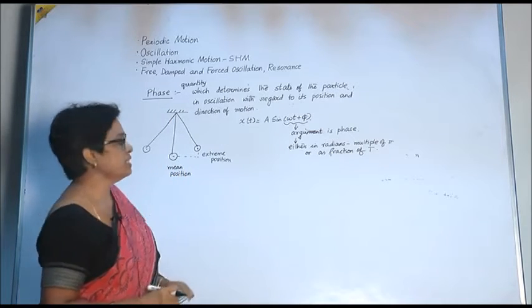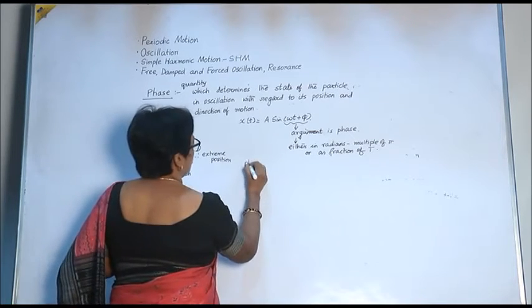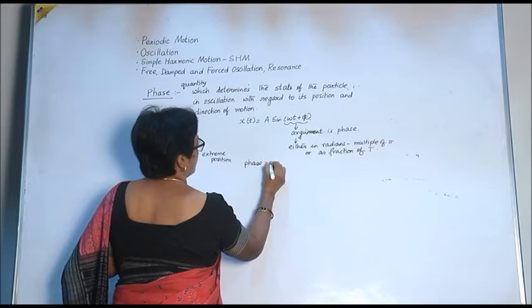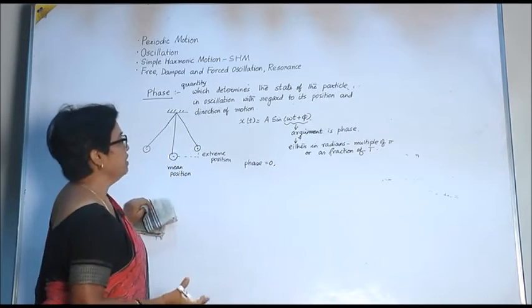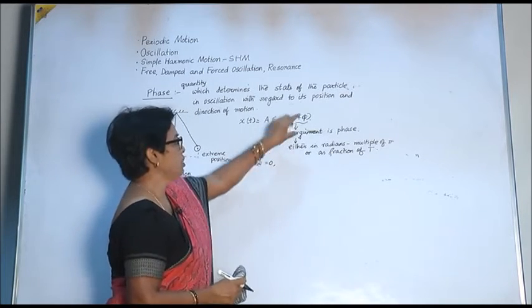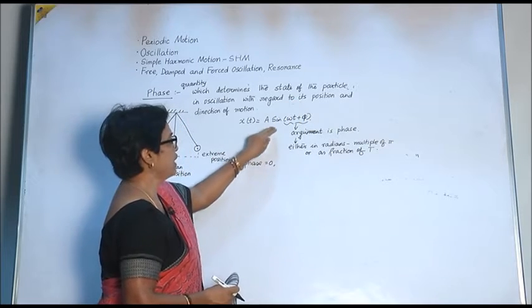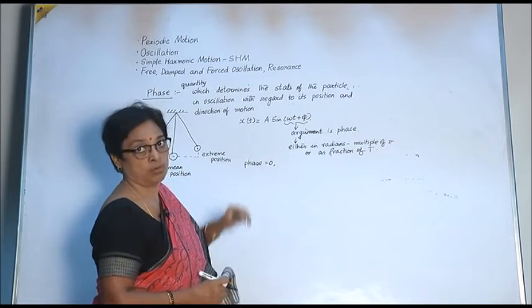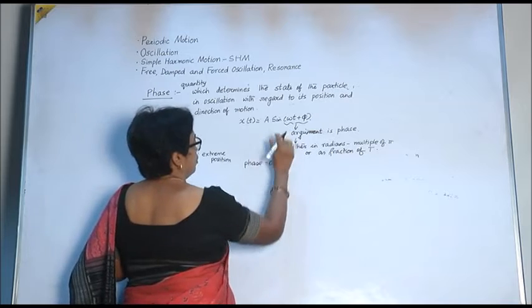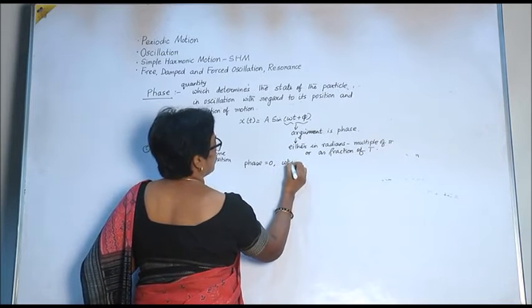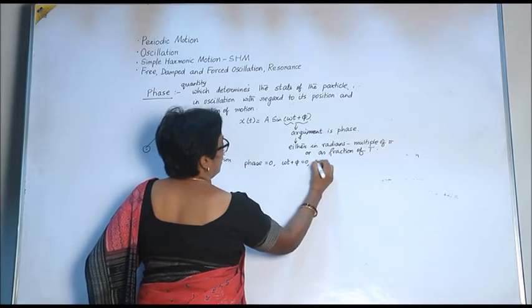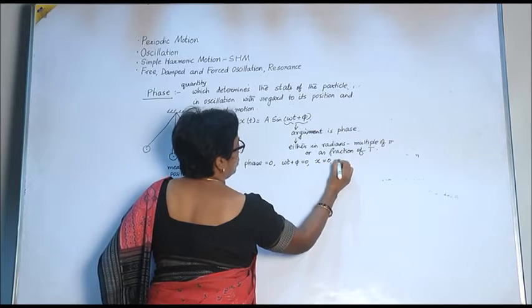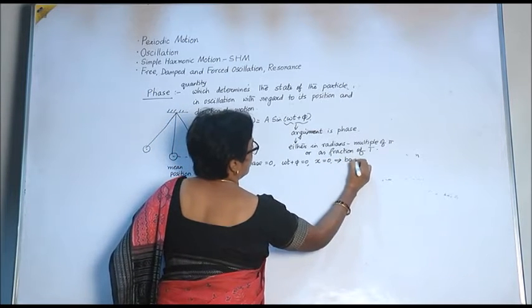Suppose I say that the phase is 0. It tells me that the angle is 0, so a sin 0 means x is equal to 0. So if omega t plus phi equals 0, then x is equal to 0, which tells me that the body is at the mean position.